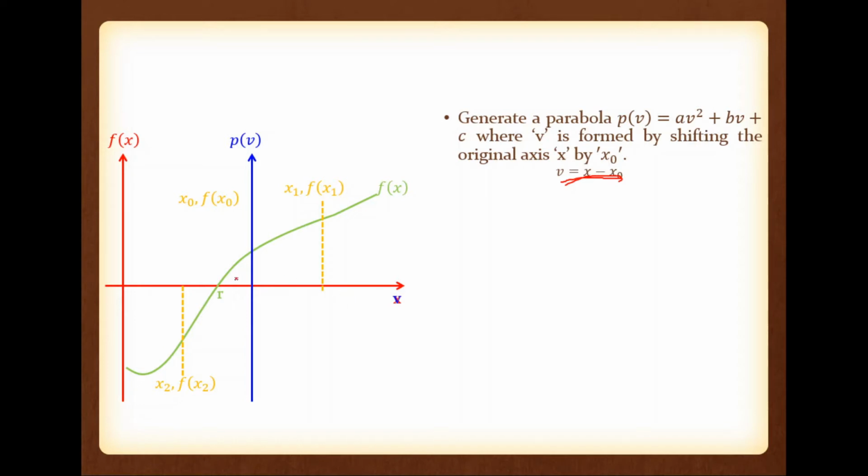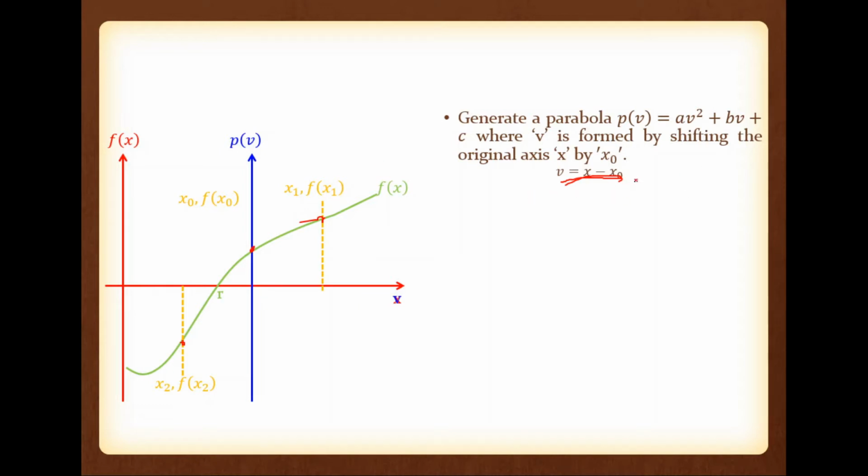Now the second thing is, using this v, we are going to form a parabolic function, that is p of v equal to a v square plus b v plus c, which is exactly equal to the given function f of x at the given points f of x0, f of x1 and f of x2. What I am saying is, first, the independent variable is modified into v equal to x minus x0.